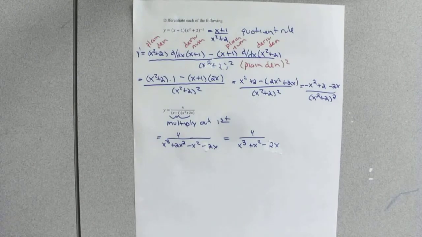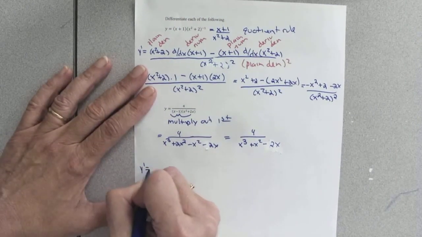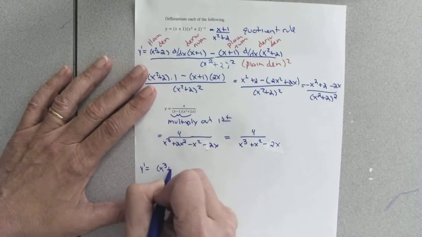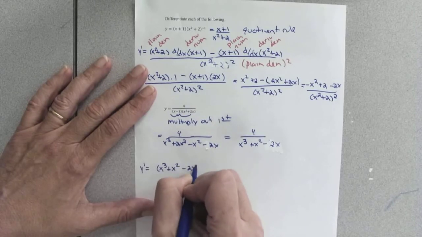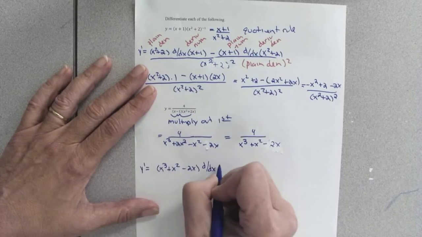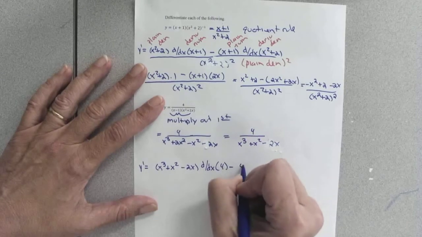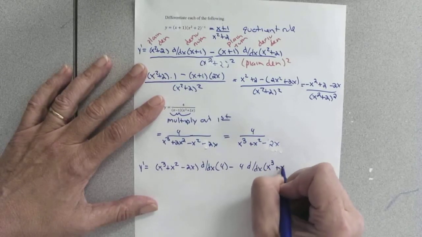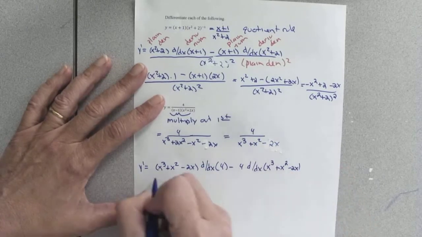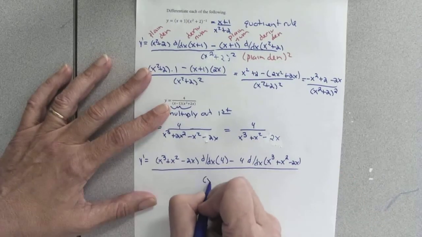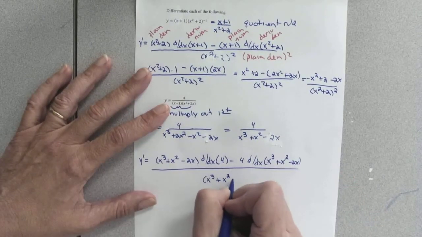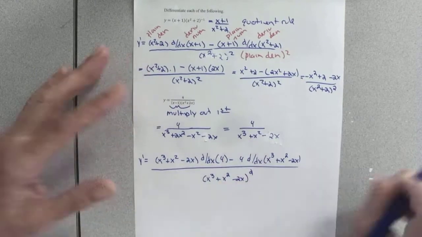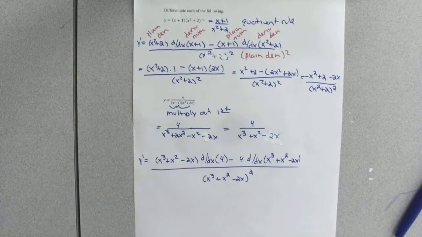And now I'm going to use quotient rule. So plain denominator, derivative of the numerator, minus plain numerator, derivative of the denominator, all over the denominator squared.